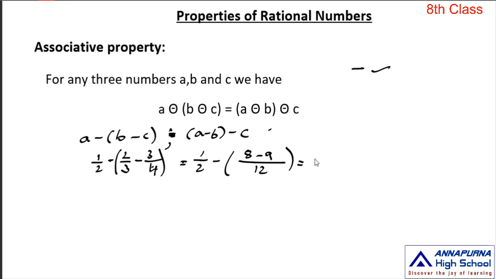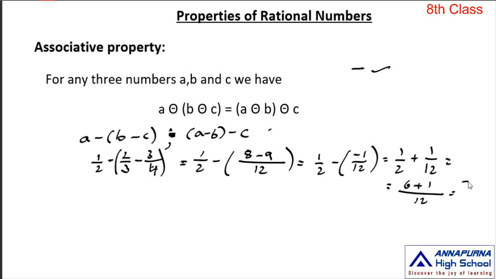So it is equal to 1/2 minus (minus 1/12), which is 1/2 plus 1/12, since minus into minus is plus. Here LCM is 12 and the numerator is 6 plus 1. It is equal to 7/12. This is the final result.